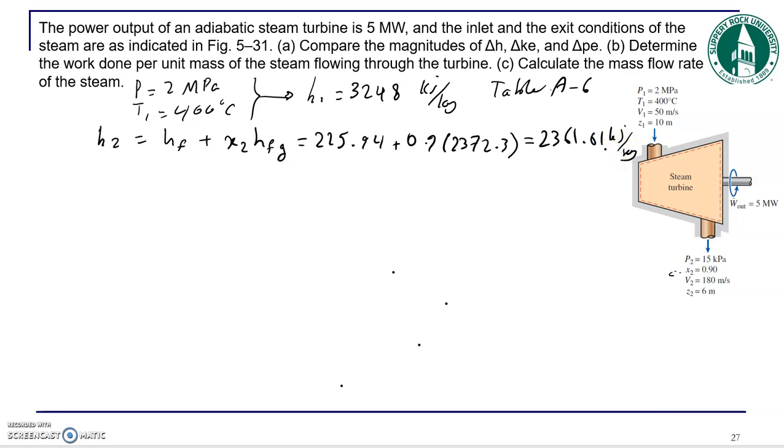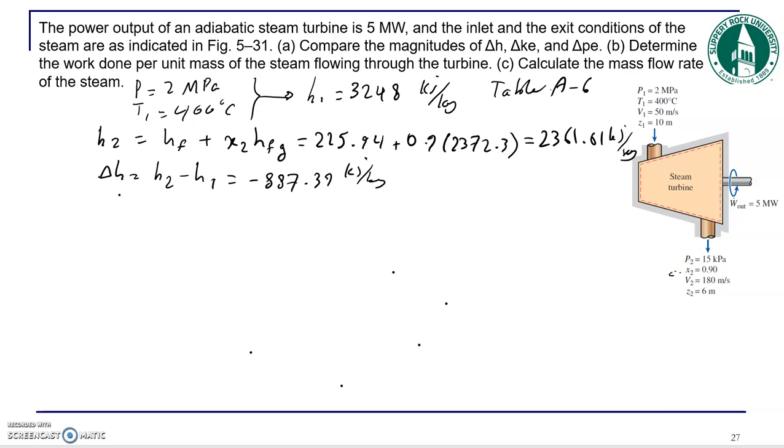Okay, so that's what you can find from the table, and you can calculate basically H2. H1 we already found, so we can calculate the change in enthalpy of our system. So H2 minus H1, and that's minus 887.39 kilojoule per kilogram. So that's basically one of the parts.